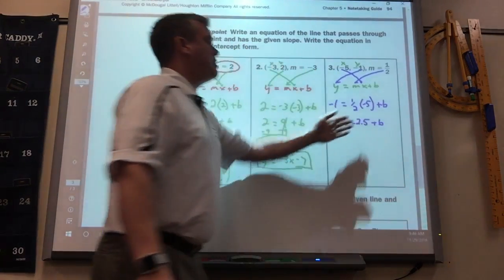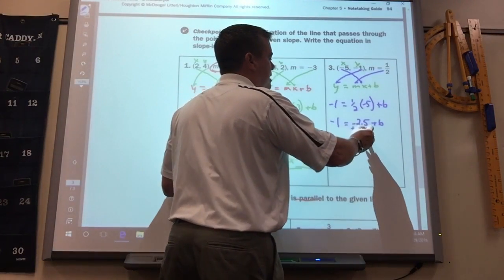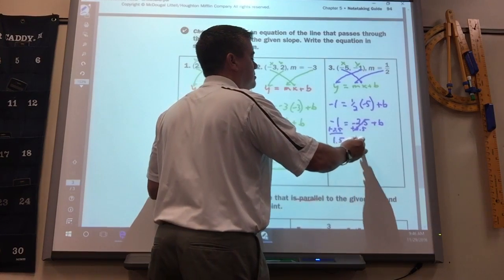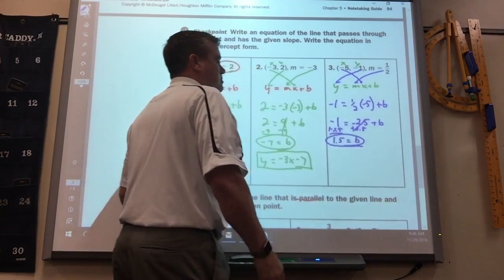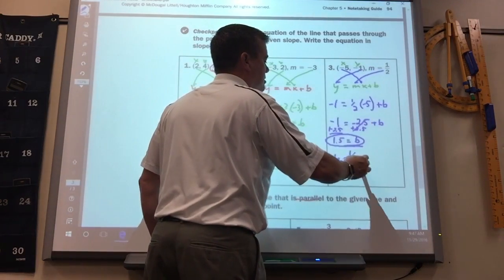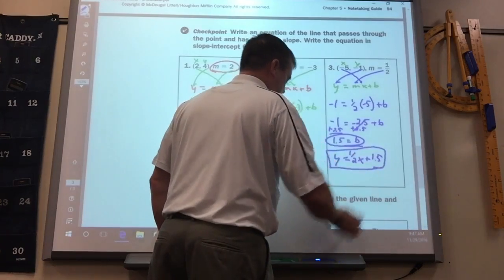You can leave it as a fraction or a decimal, it doesn't matter. So we got to just add 2.5, add 2.5, and we get 1.5. So it'd be y equals m, which is 1/2 x, plus my b, 1.5.